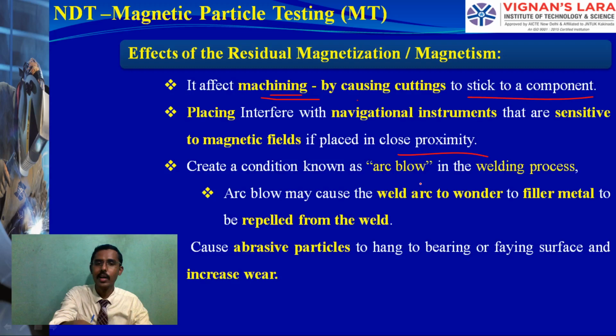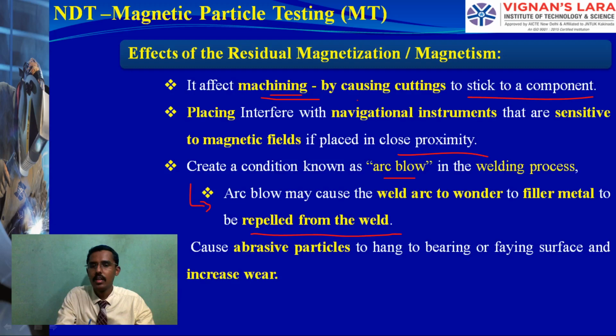So the welding process does not actually take place. It's rippling out, it's not melting and the droplets are not over the material. It is rippling somewhere, so welding does not occur. This causes abrasive particles to hang on the bearing or fine surfaces and increases the wear.